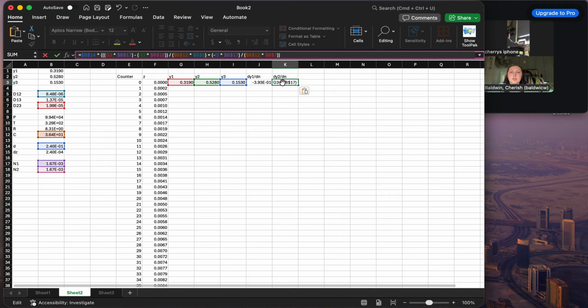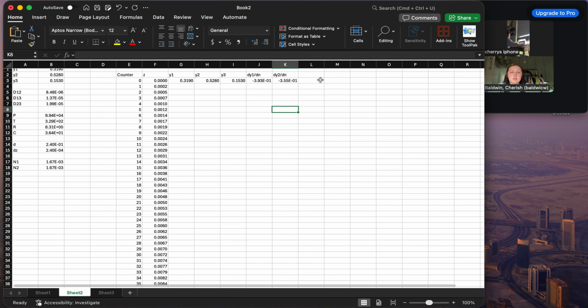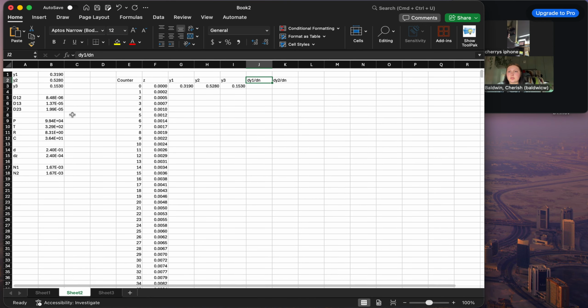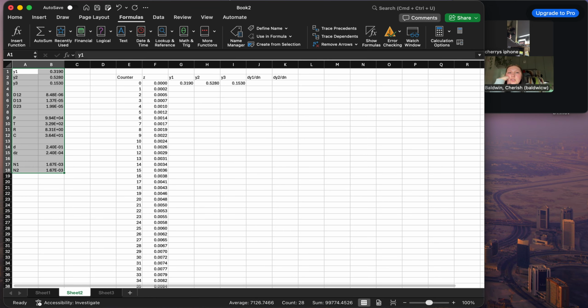You know what? I don't like this. I need to turn these all into variables so it makes it easier for me to calculate it. So formulas.